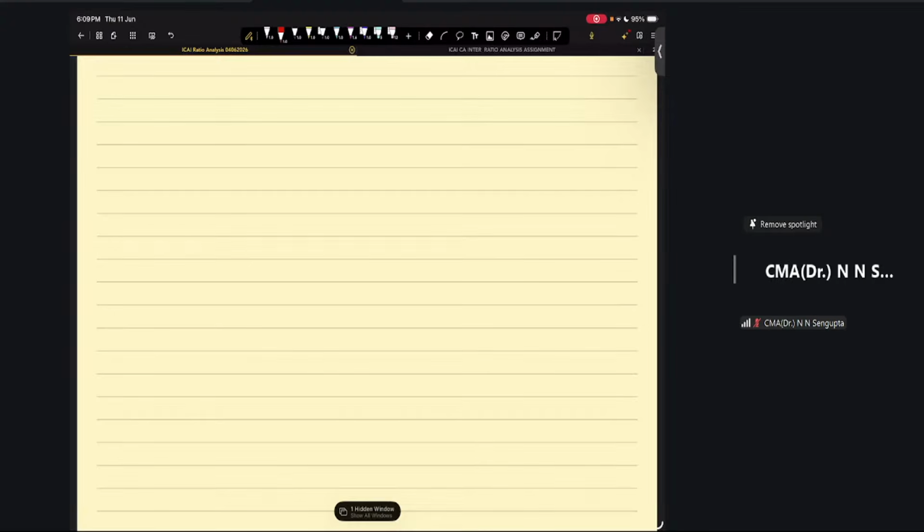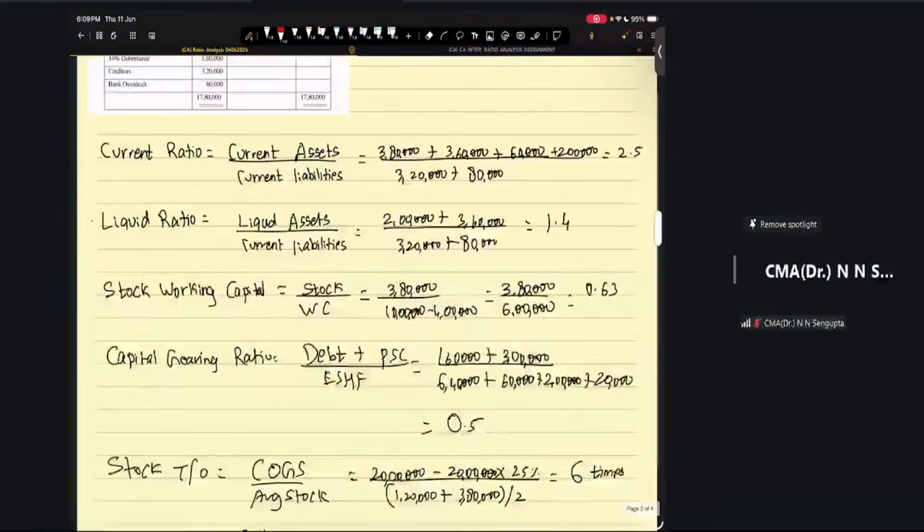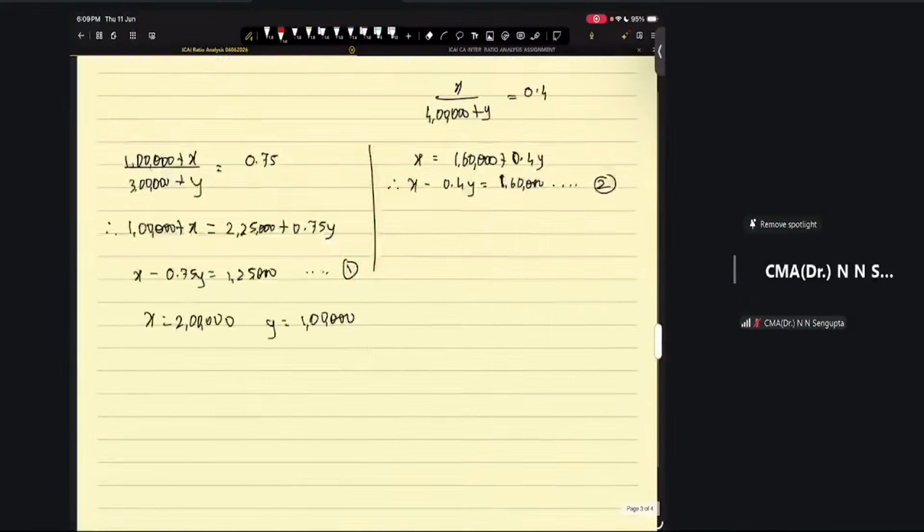Now, let's carry forward this topic of ratio analysis. We have covered all the ratios till now and have also done 3 questions in our previous sessions.